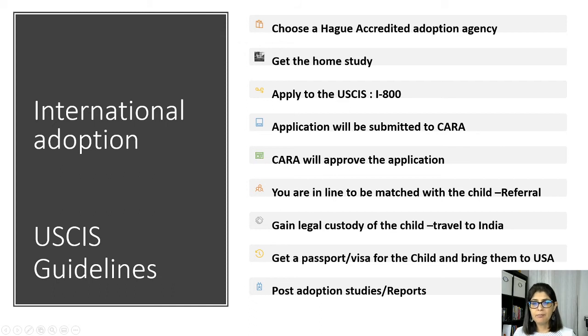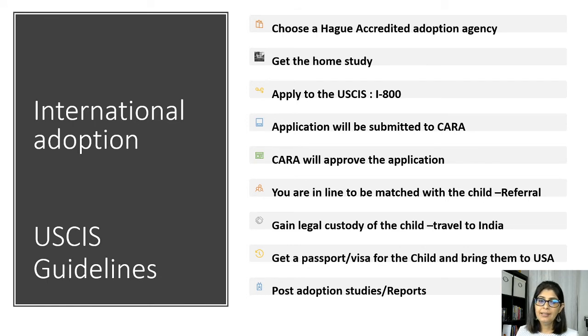This wait time is shorter for NRIs or people who have Indian citizenship. Once you have that, you gain the legal custody of the child, you travel to India, get the passport and the visa of the child and bring them to the US. After that, AFA will do post-adoption studies and send the reports back to CARA.